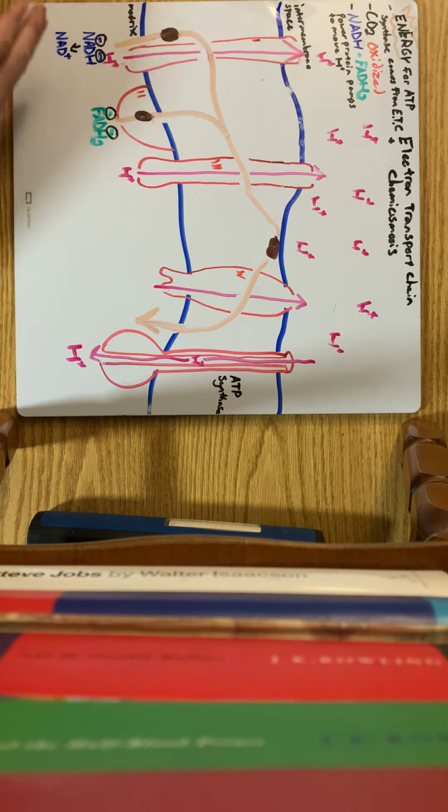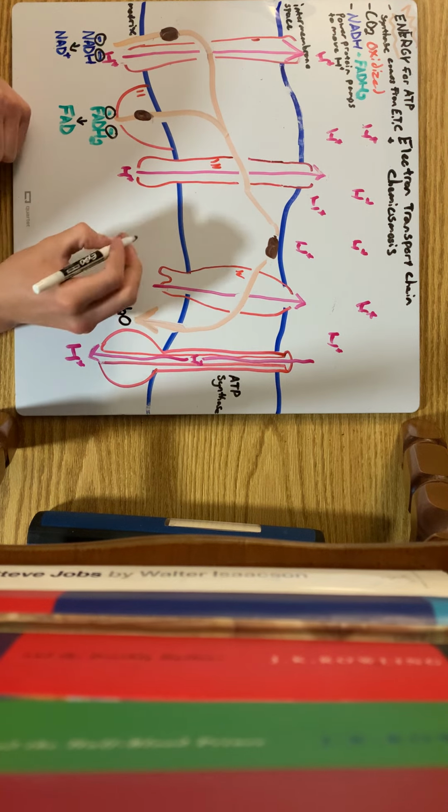Where was I? I believe I was talking about the hydrogen, the proton gradient. So as electrons move along, they're giving energy to these pumps. Hydrogen's being pumped out. And then we start to lose energy because we keep giving it to the pumps. And our final product ends up being H2O, which doesn't make a whole lot of sense right now, but in about 3 seconds it will.